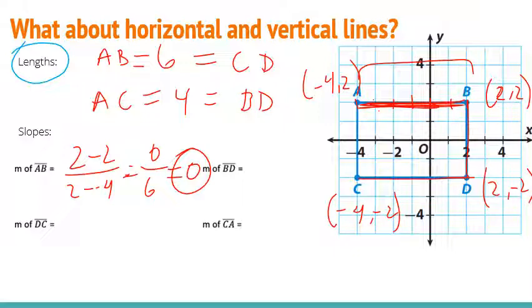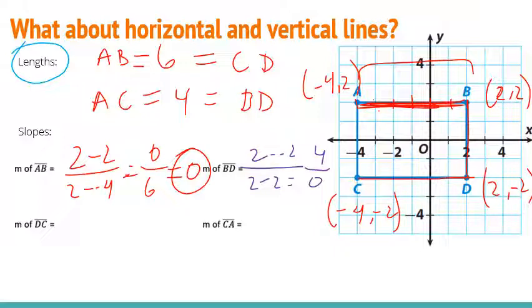All right, what you should have noticed is that something kind of strange happens. For BD, I filled in the coordinate points here. For BD, you have 2 minus -2 over 2 minus 2, which is 4 over 0. We'll come back to that in a second. For DC, you should have got 0 over something again.